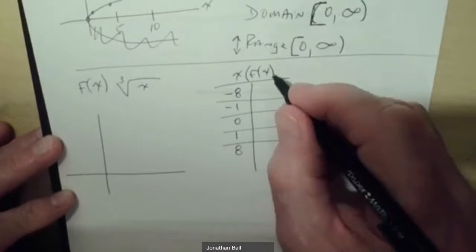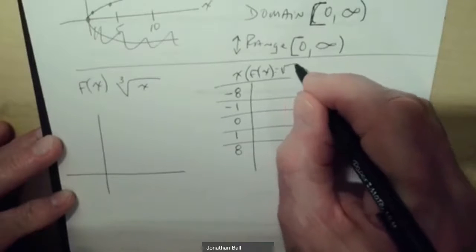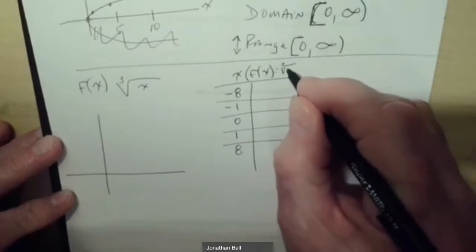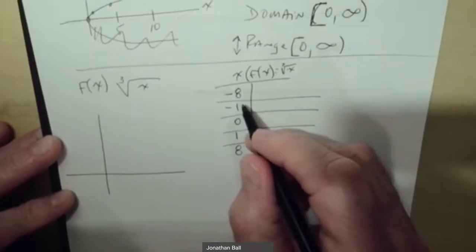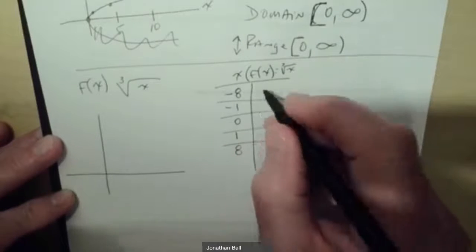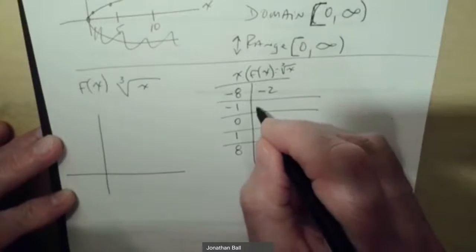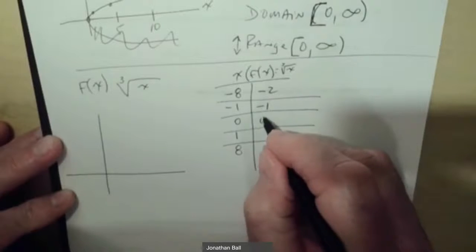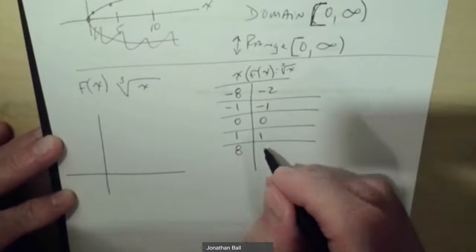Okay, and what is this? This is the cube root of x. So the cube root of -8 is -2, -1, 0, 1, and 2.